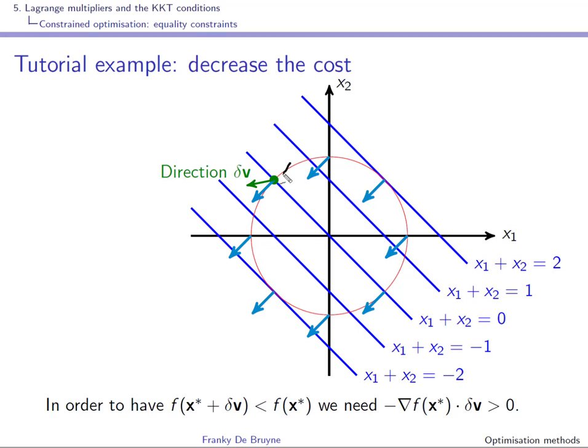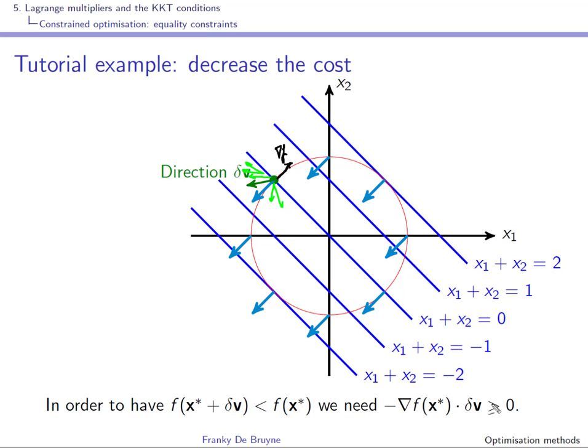Remember that the gradient is given by this vector over here, and directions of descent are directions where the angle that the vector makes with the gradient is larger than pi over 2 and smaller than 3 pi over 2. So vectors that are like this all correspond to descent directions.